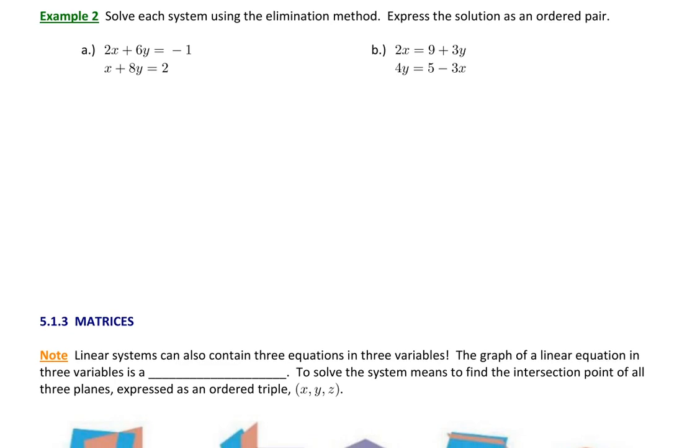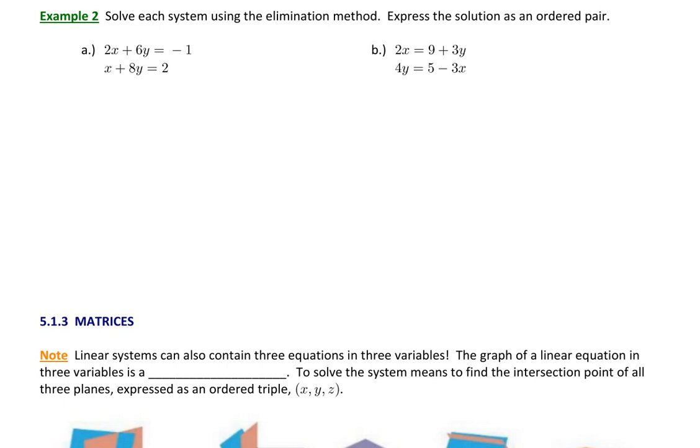Solve using elimination and express the solution as an ordered pair. So on example A, observe both of our equations are already in that general form, ax plus by equals c. If you look at the equations vertically, the x's are lined up, the y's are lined up, and the constants are lined up together on the other side of the equal sign. So my goal is to multiply one or both equations by a number that's going to create opposite coefficients for one variable.